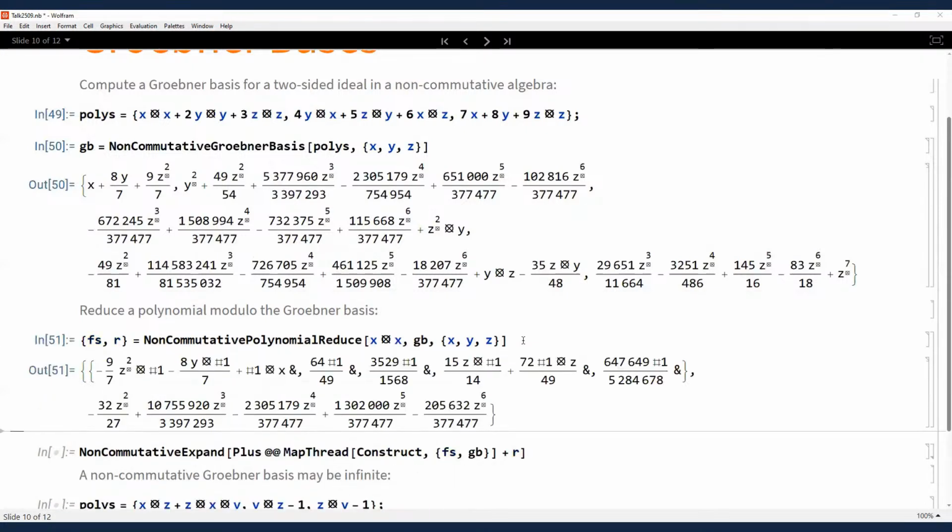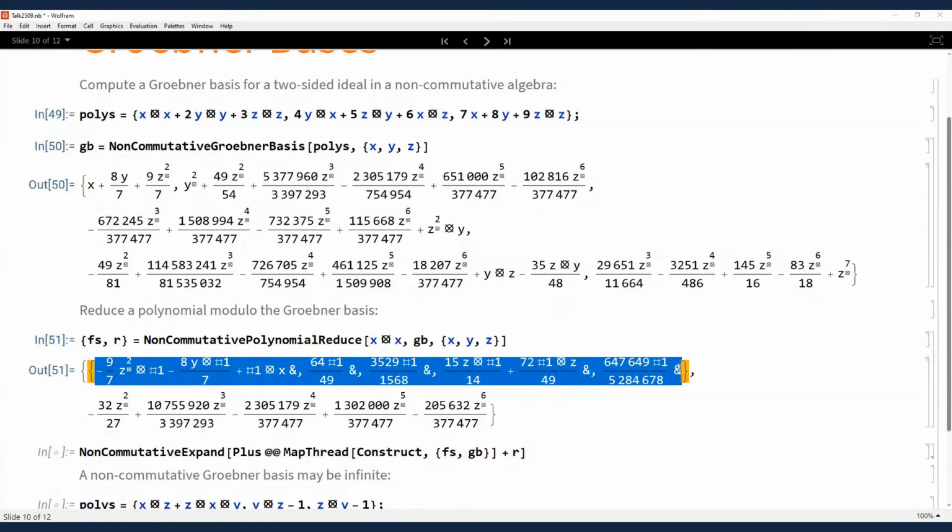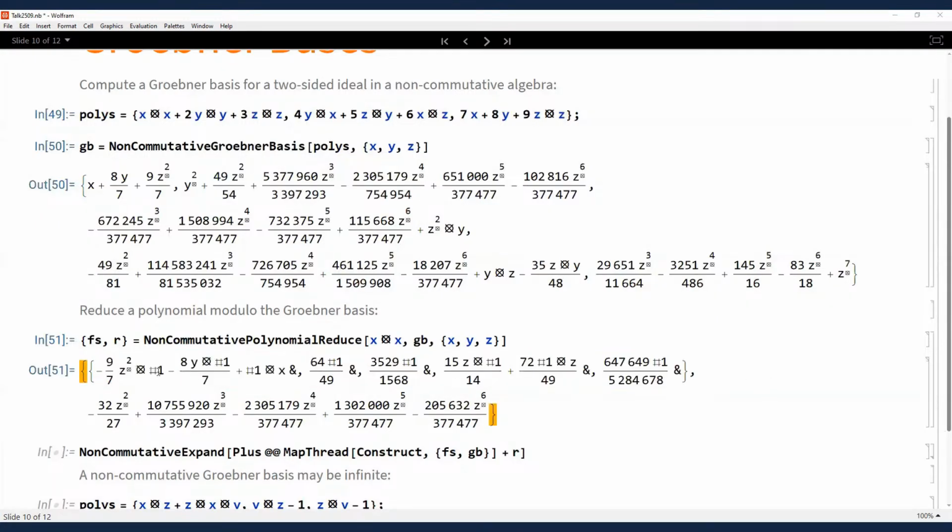It gives output similar to what we get from polynomial reduce, except that polynomial reduce's first element just gives coefficients by which we need to multiply the Gröbner basis to get the original polynomial. Here we get linear functions, because in the non-commutative case there are many different kinds of linear functions depending on the position in which we multiply by the variable. So here we multiply on the right, here we multiply on the left.